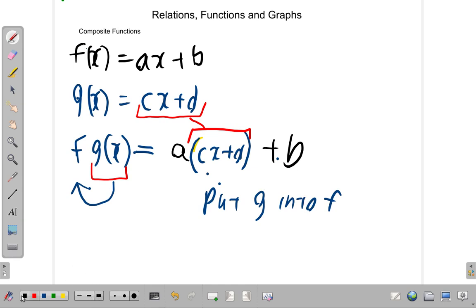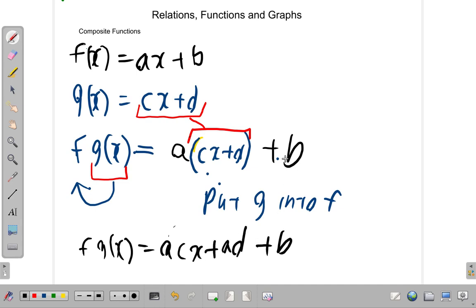Now, of course, we can multiply them out. fg of x is equal to multiply a by c to get acx plus ad, and then plus b at the end, if you want to multiply them out like that. Alright?